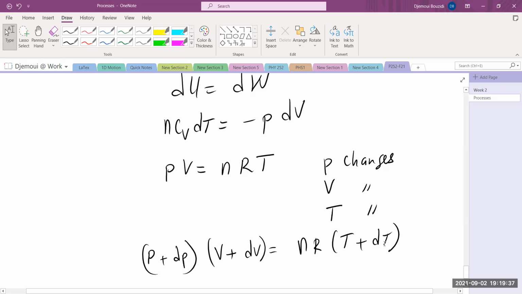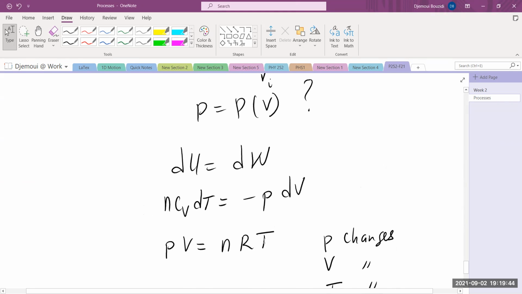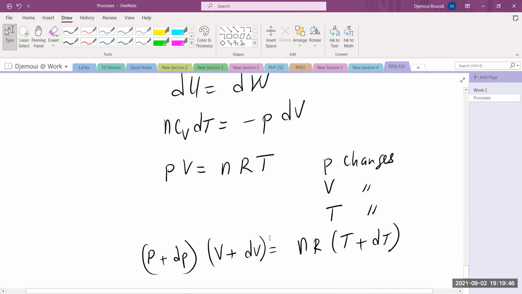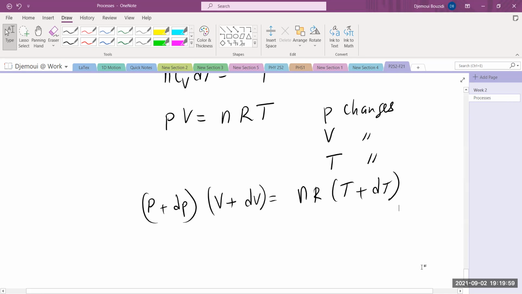We went from a point in space that has coordinates P and V, with temperature T, where PV equals nRT was true, to a new point where the pressure has changed from P to P plus dP, and volume has changed from V to V plus dV, and the temperature has changed from T to T plus dT, because everything can change in this case. That's the difficulty with this process.